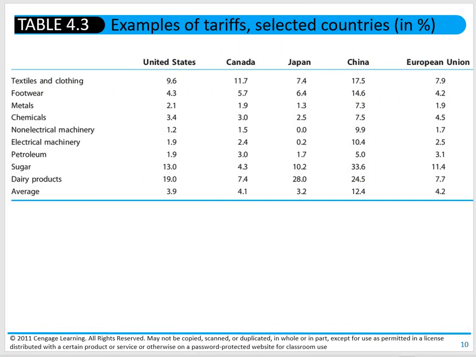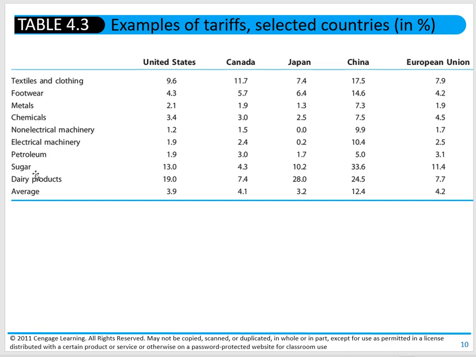Now, table 4.3 shows a couple of examples of tariffs in selected countries as average percentages. For example, textiles and clothing on average are taxed 9.6% when foreign textiles and clothing enter the US market. In Canada, this percentage is about 11.7%, Japan 7.4%, China 17.5%, and the European Union 7.9%.